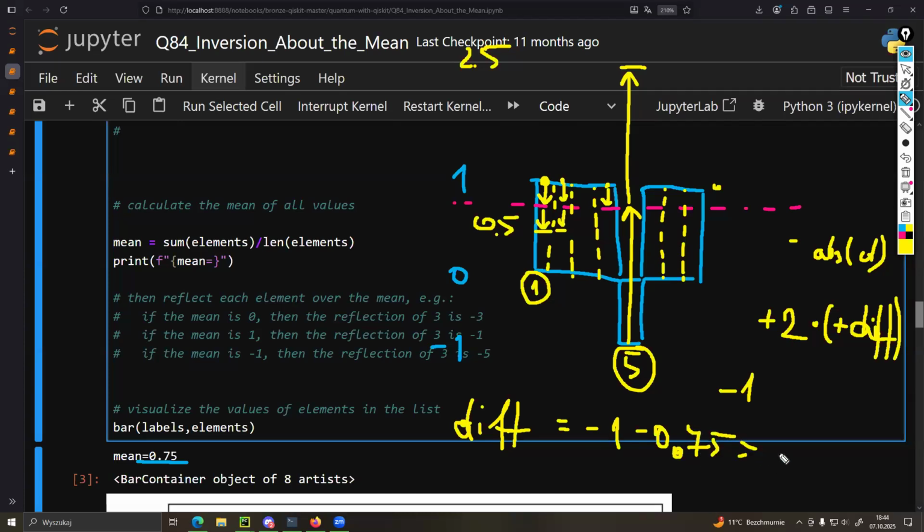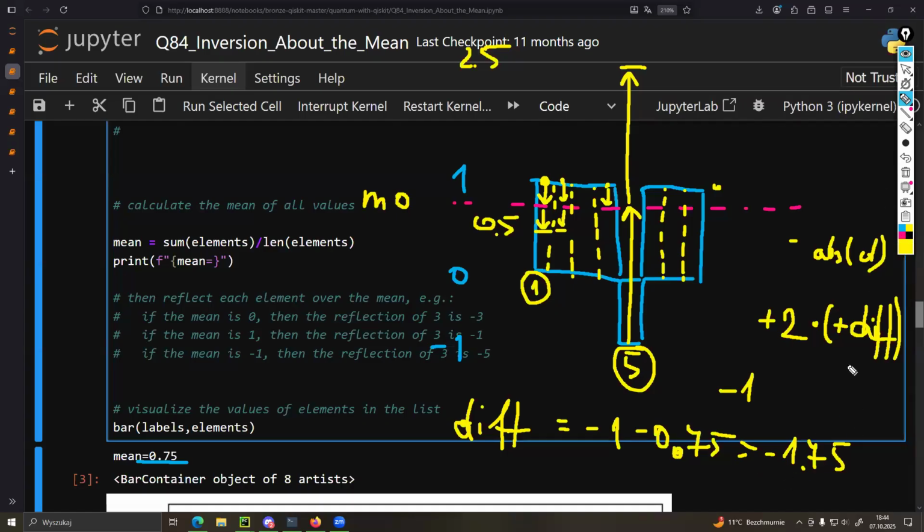So this will be a difference of -1.75 compared to my mean, which would be a kind of like a 0.